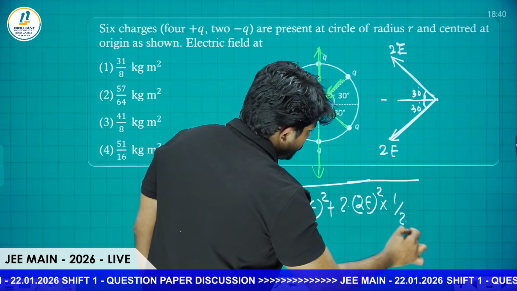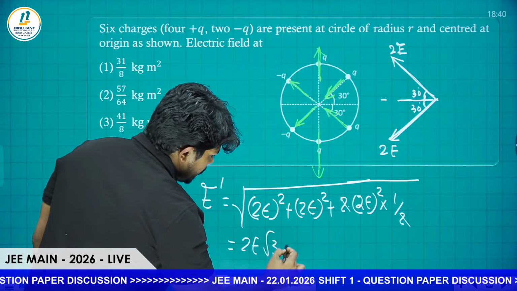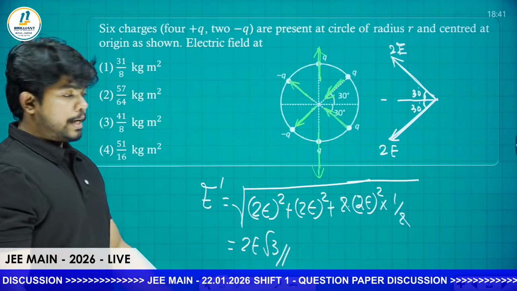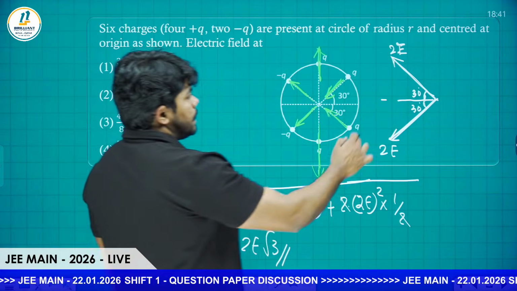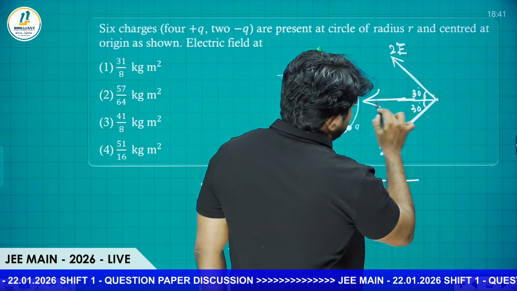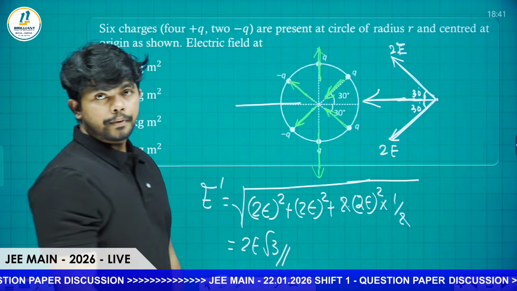Cos 60 will be 1 by 2. So we are going to get 2E times root 3. That will be the resultant, and you can see that the resultant is towards the negative x-axis.